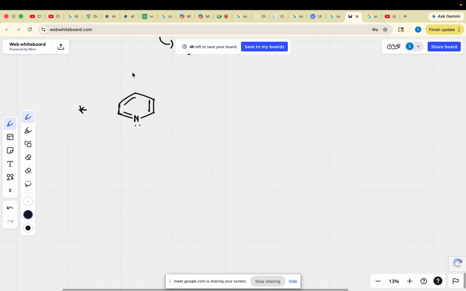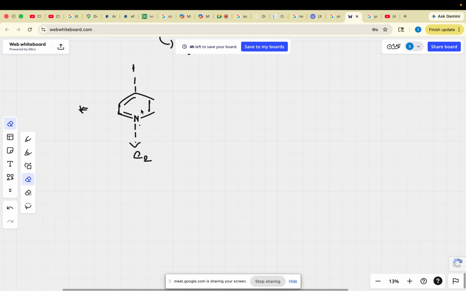Here also you will have one C2 axis. This is your C2 axis. You cannot place a C2 from here, because if you do, the nitrogen will go to the upside, and that is not an equivalent structure. So only one C2 axis is present here.